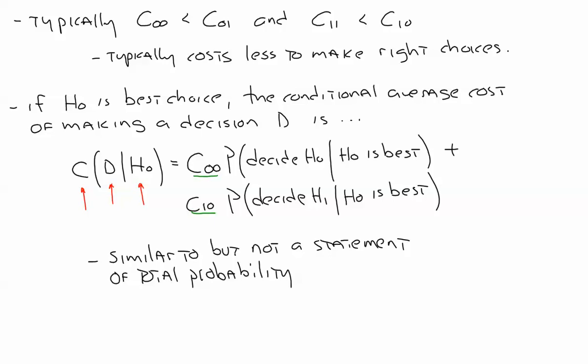All right, we need another piece of this equation. Similarly, if H sub 1 is the best alternative, then the average cost of making a decision is this.